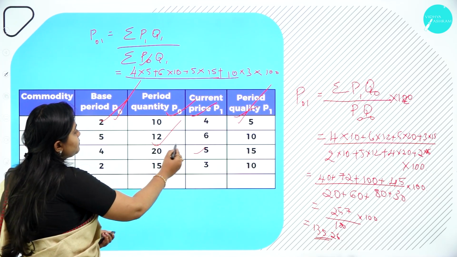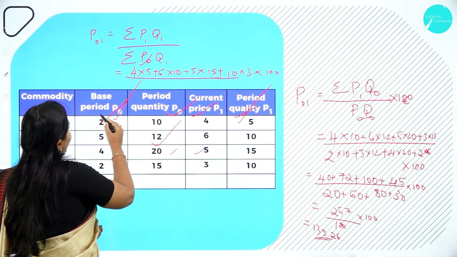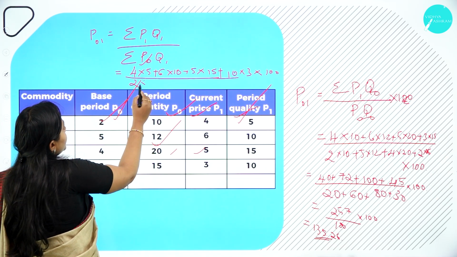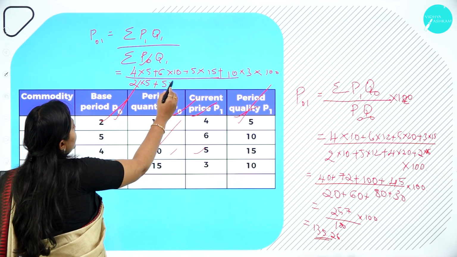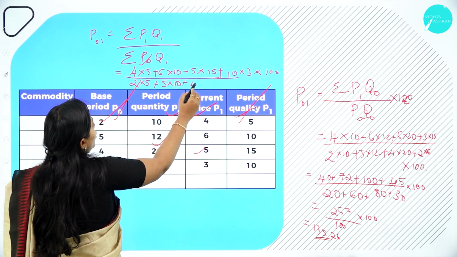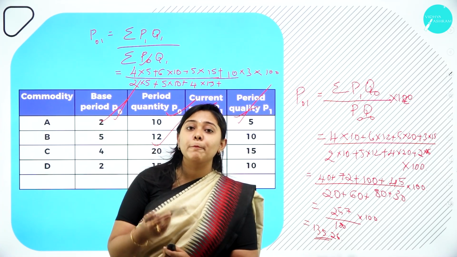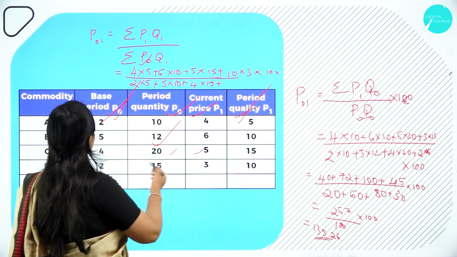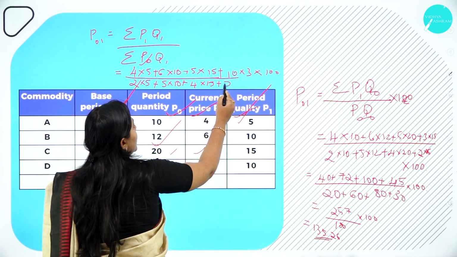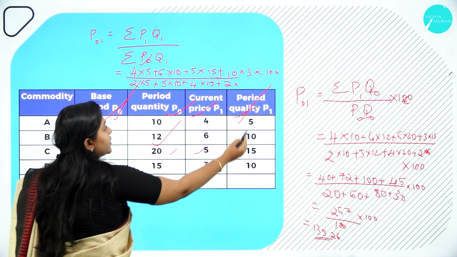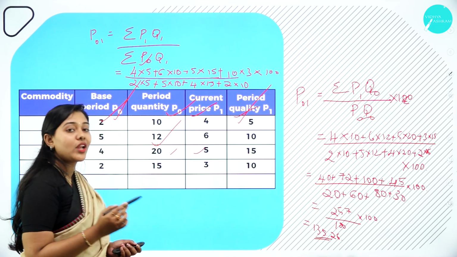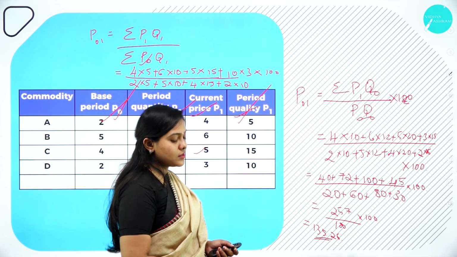So now, your base period price 2 into 5, plus 5 into 10, plus 4 into 15, plus the next base period price, that is 2, and the current year quantity, which is 10. Now let's substitute.